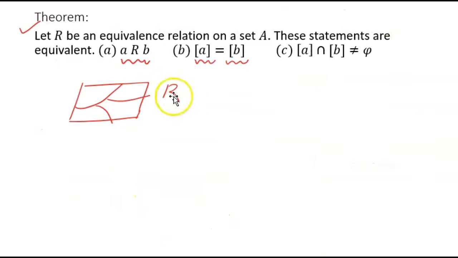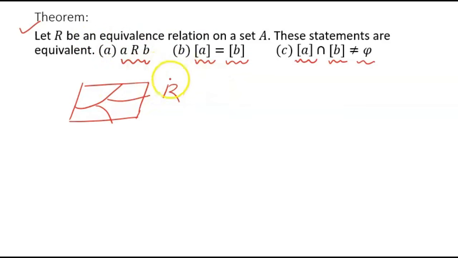So this property that if A is related to B, then equivalence class of A will be equal to equivalence class of B. And the third statement is that if A and B are related, then equivalence class of A intersection equivalence class of B must be non-empty, right? So these are the three equivalent statements.